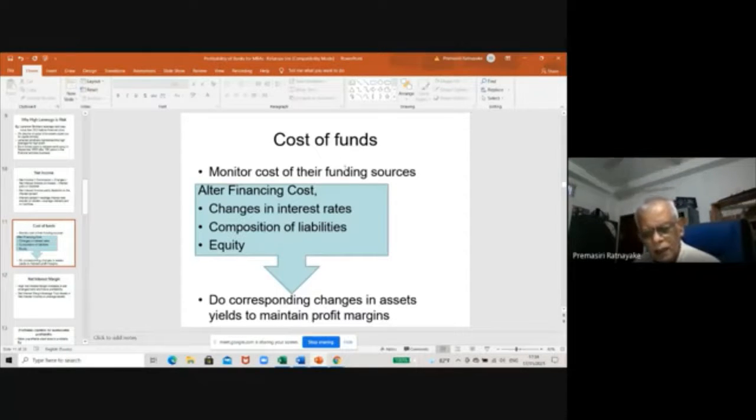Whereas equity capital cost is in far excess of that. But at the same time, equity shareholders also run the risk of dividends being paid at lower rates, or some years no dividends being paid at all. So that's the risk that they undertake when they invest in equity share capital.